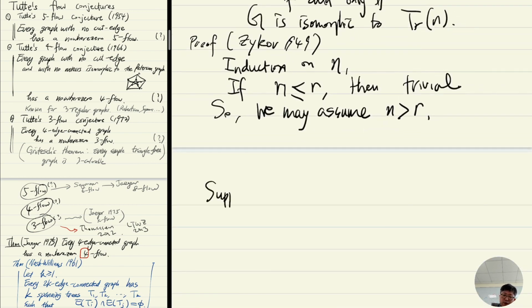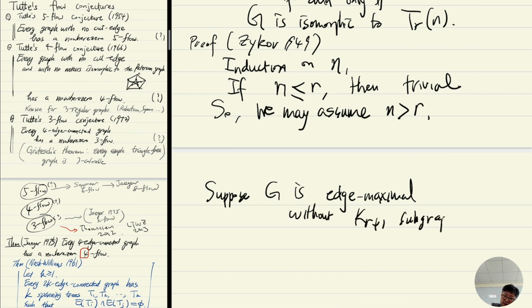So suppose G is edge maximal without a KR plus 1 subgraph.